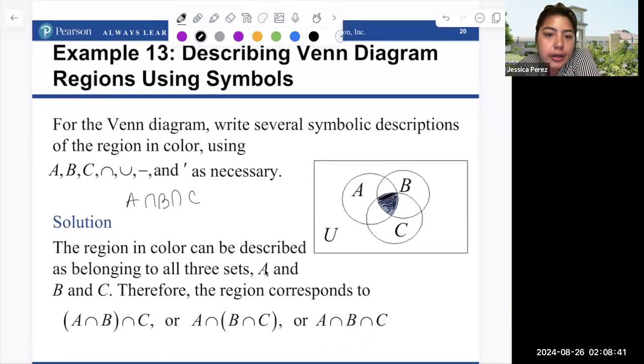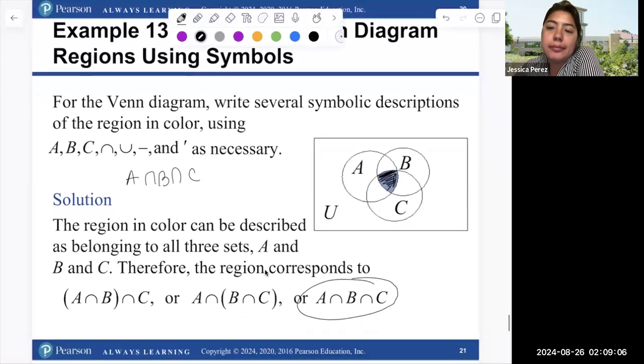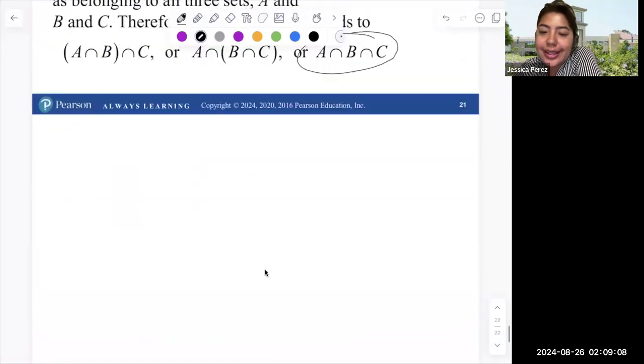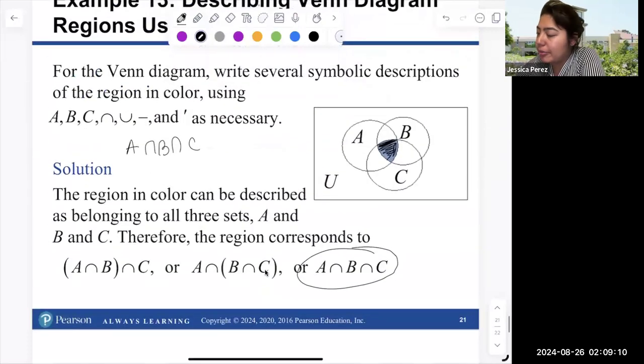The region and color can be described as belonging to all of the sets A, B, and C. Therefore, the region represented as A and B and C. You can also separate them as A and B and then C. But in this case, because they only have one intersection, I can just do it all together, A and B and C. Okay. And that is the end of section 2.3.